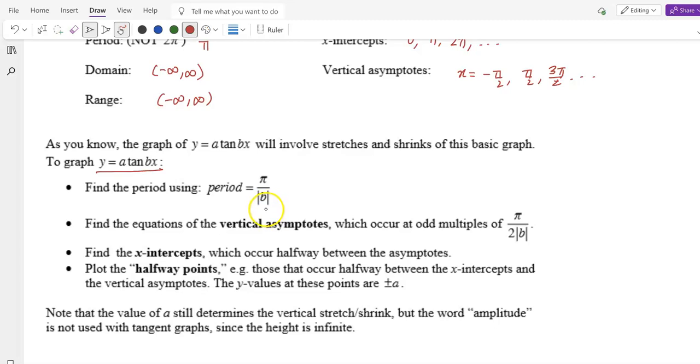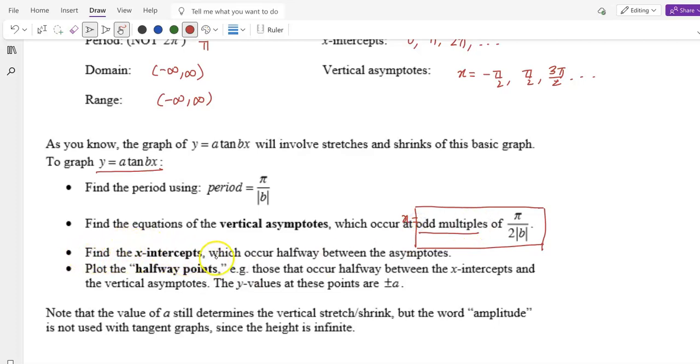Find the equation of the vertical asymptotes, which are the odd multiples of pi upon 2b. This is important. B is the coefficient of x. So x is equal to odd multiples of this.